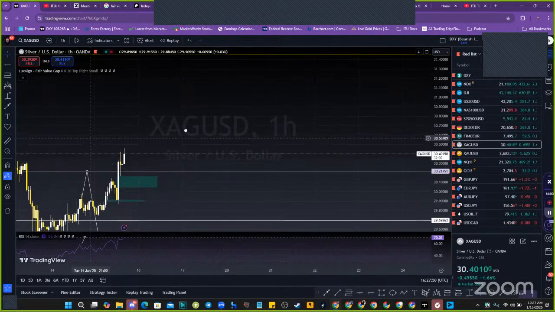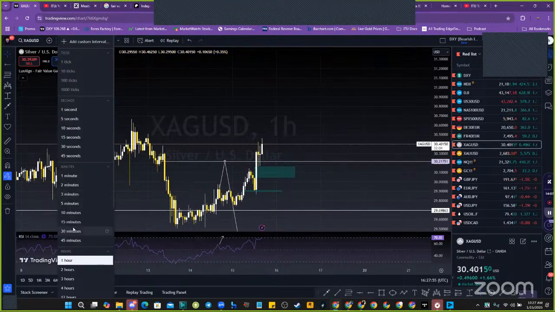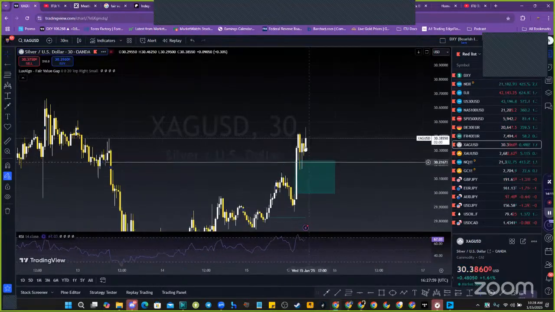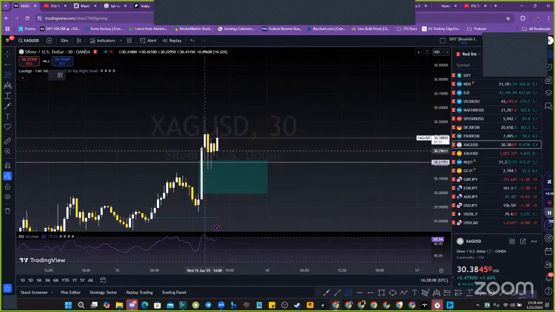We've already got a nice retest and morning star in development here. We're about to close our 30-minute candle. So I could potentially look at the retracement here in about 2 minutes of that candle and potentially catch a buy there.